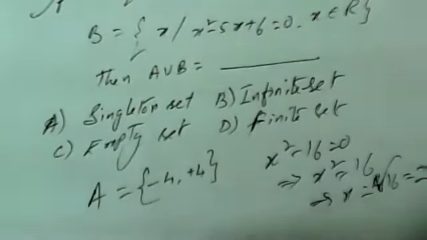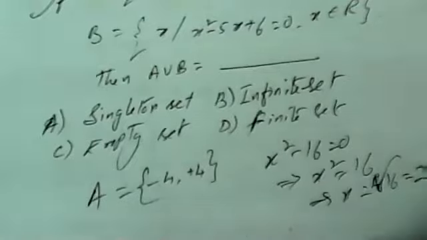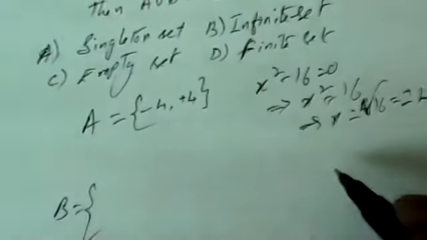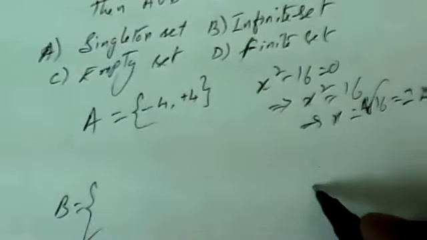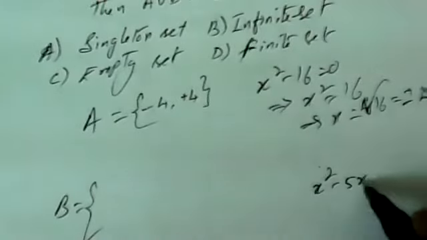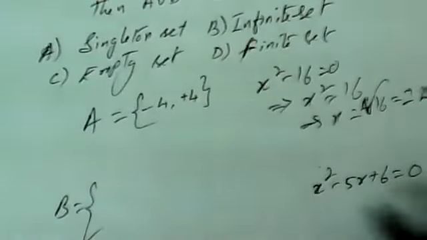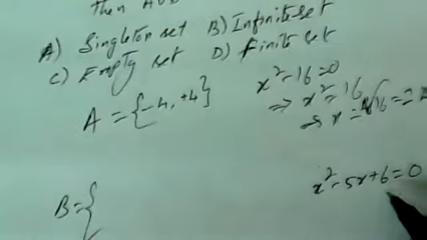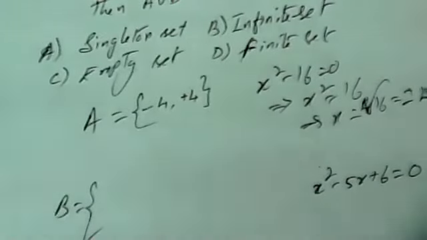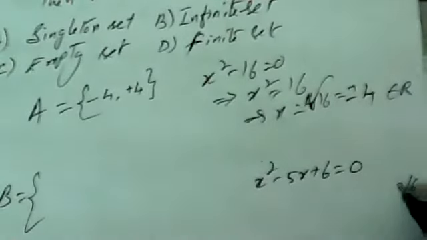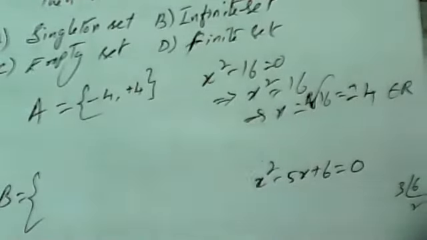And going to B equals to. So what is the equation we have here? Solve the equation of B. So x square minus 5x plus 6 equal to 0. Take the coefficient of x square, which is 1. 1 into 6 is 6. Factorize 6, what will come? The factors of 6 are 3 and 2. Minus 3 and minus 2.